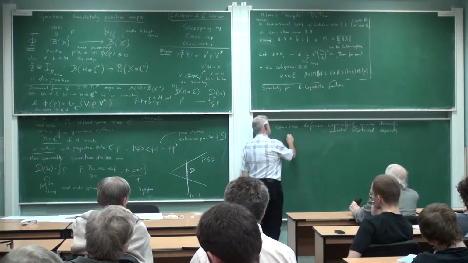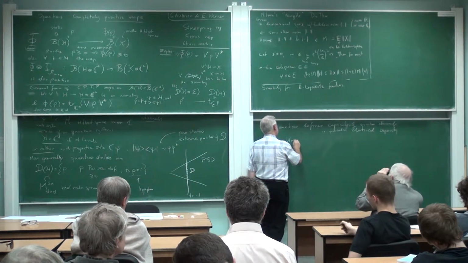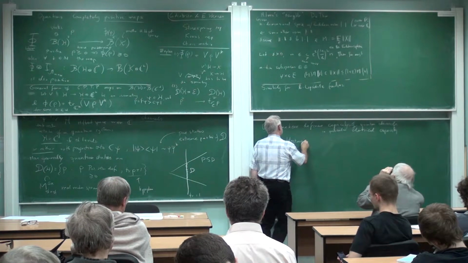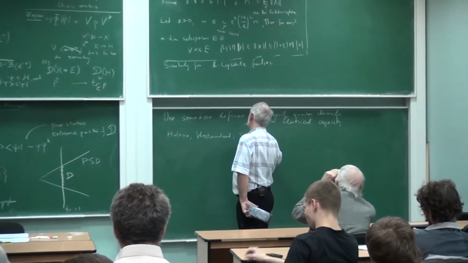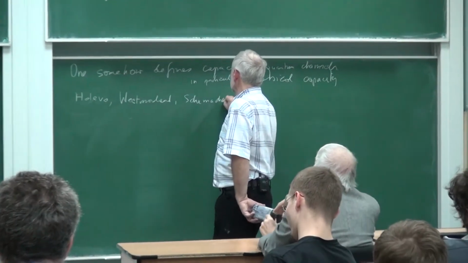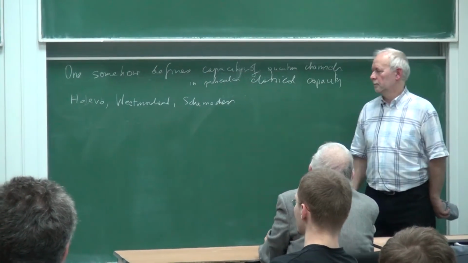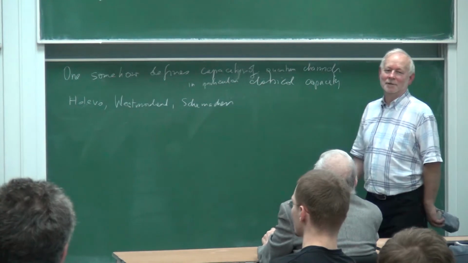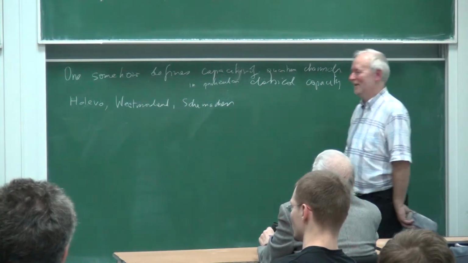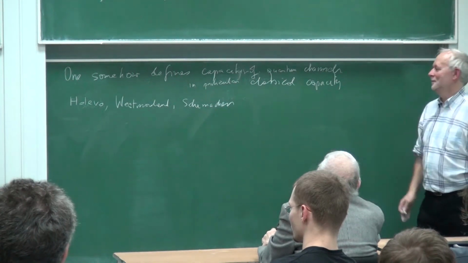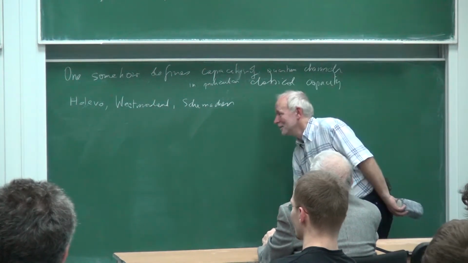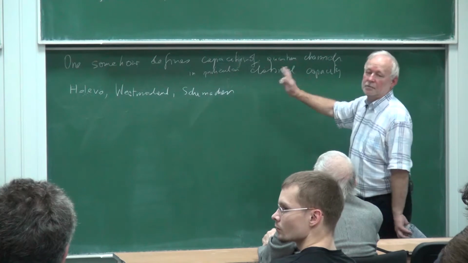And then there were Westmoreland and Schumacher. I'm not sure if I'm not misspelling the names, so I am writing illegibly so that this will not be used against me in the recording. Okay, so one somehow defines, there is a formula.